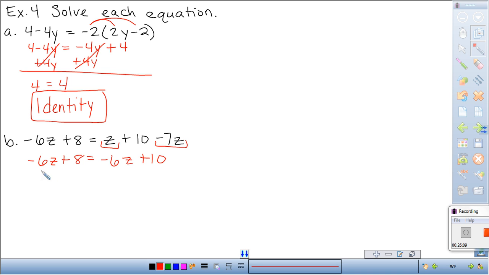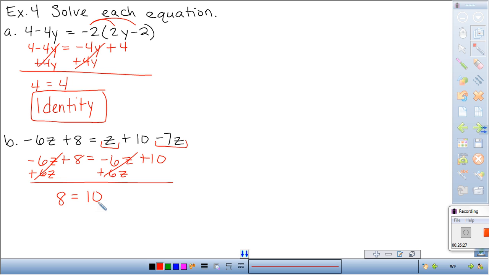And now we need to get all our variables on the same side. So the opposite of a negative 6z is to add 6z to both sides. So we get negative 6z plus 6z cancels, bring down your 8, equals negative 6z plus 6z cancels, bring down your 10. But what is this?